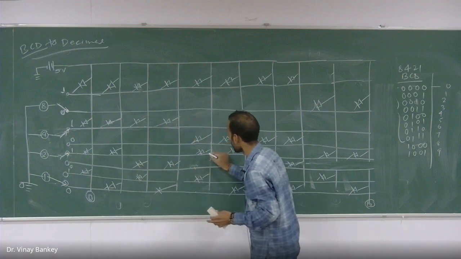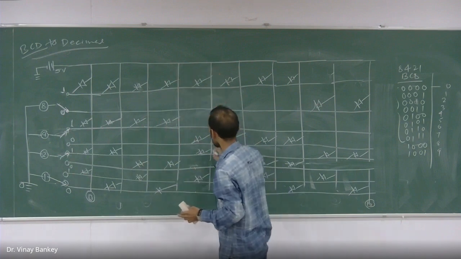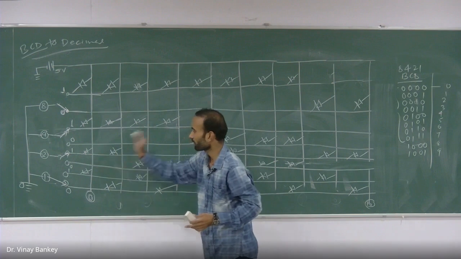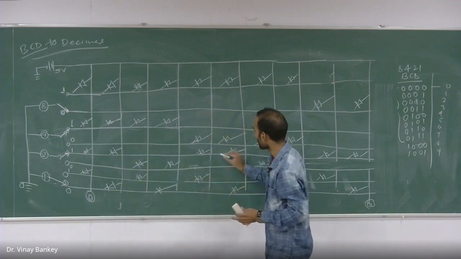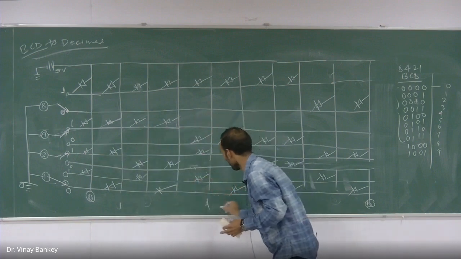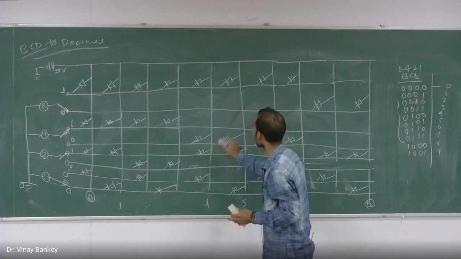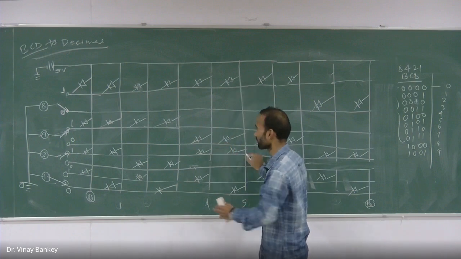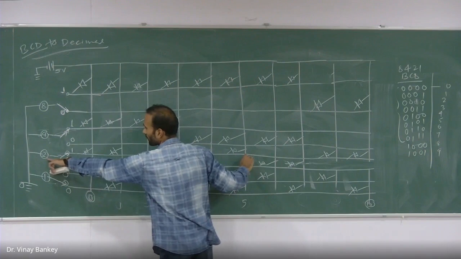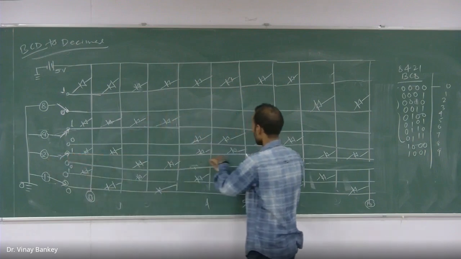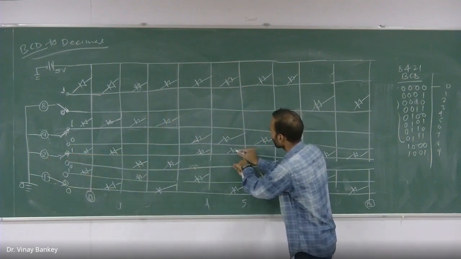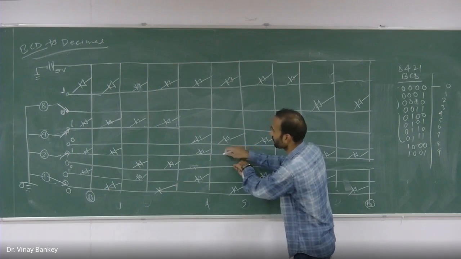Correct? So again this path will be completed and the voltage will be dropped. Where we were at the 4th position. Now 5, again the similar, because this switch at the weightage of 2 is connected to 1 position. So again you have a voltage drop, and here the circuit will be completed.